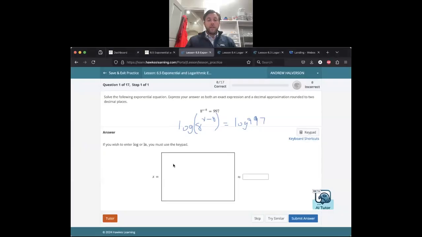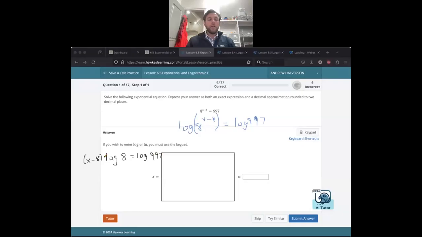So then doing that gives us (x minus 8), and you put it in parentheses to keep it together, log of 8 equals log of 997.